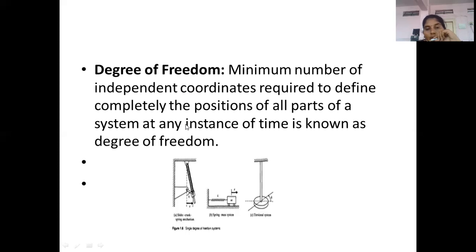Write down: minimum number of independent coordinates required to define completely the positions of all parts of a system at any instant of time is known as degrees of freedom.